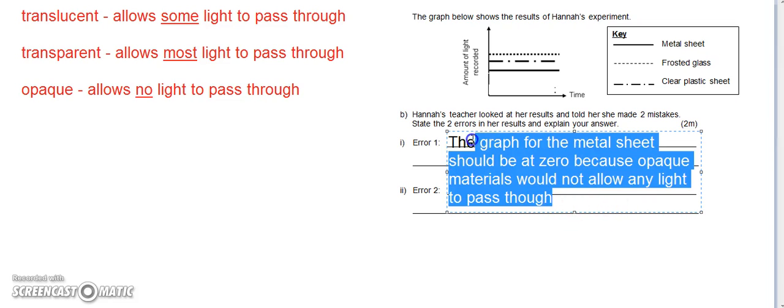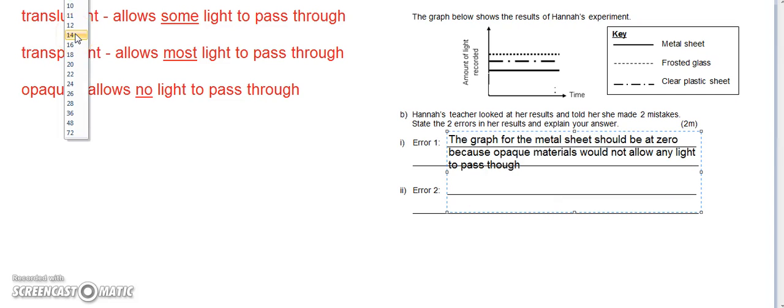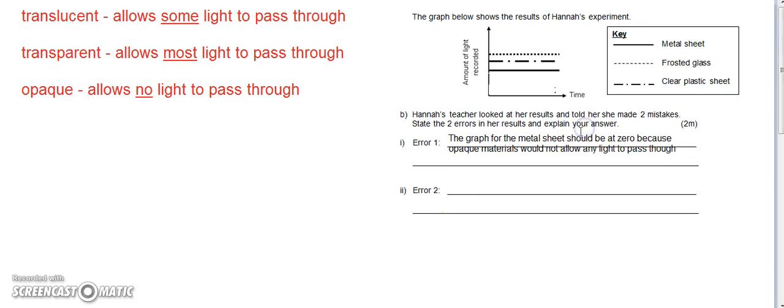Okay, so this is a better answer. I mean, this is an answer that I would write down. The graph for the metal sheet, or the line for the metal sheet, should be at 0 because opaque materials do not allow any light to pass through.